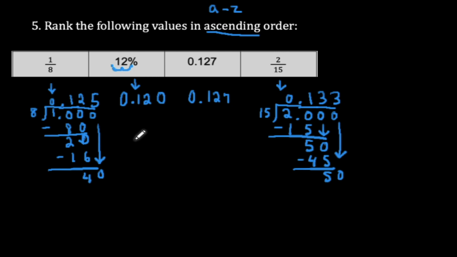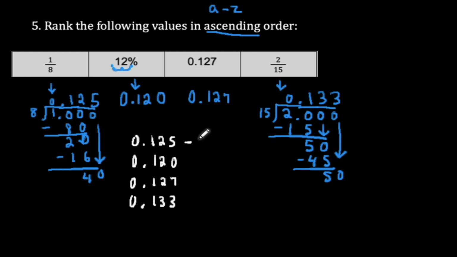So this is 0.125, and then we have 0.120, 0.127, 0.133. Okay, and so we don't get confused, this is equivalent to 1/8. This is 12%. Of course, 0.127. And this is 2/15.